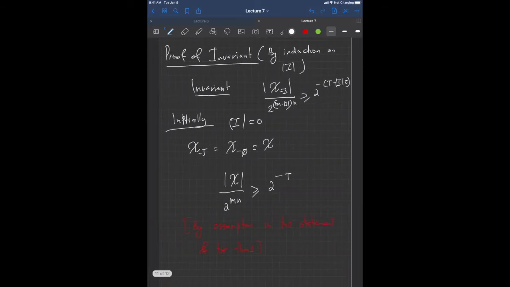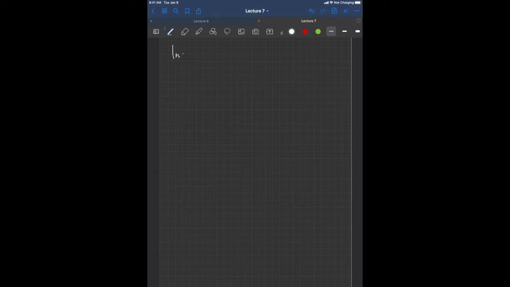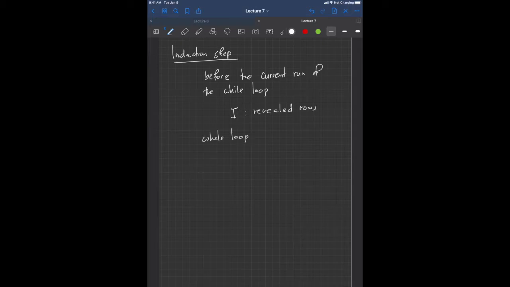And now we need the crucial induction step. So we are considering the following thing. Before the current run of the while loop, we had the set I of revealed rows, and the while loop identified some revealed row.